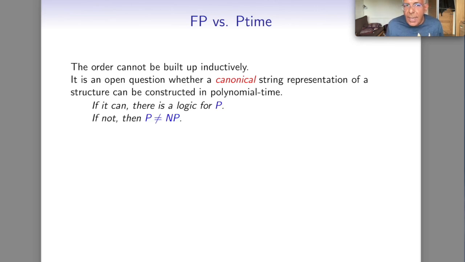So if you could construct a canonical string representation of a structure in polynomial time, it would follow there's a logic for P in the sense that Chandra and Harel and Gurevich asked the question. On the other hand, if you could show that there is no way to construct a canonical string representation, it would separate P from NP. So this is a hard question.